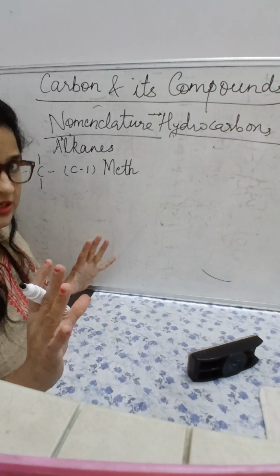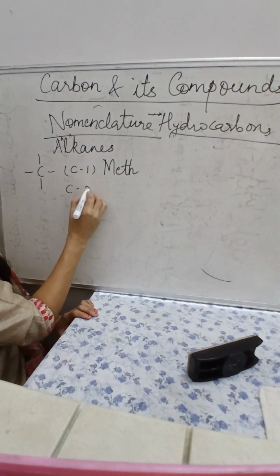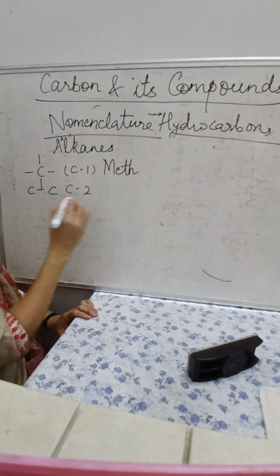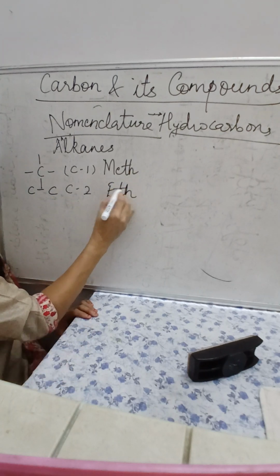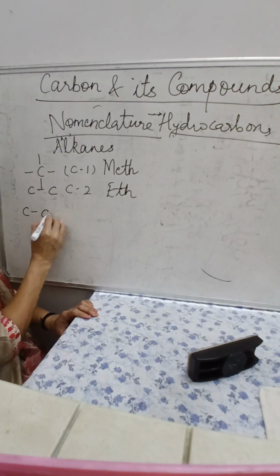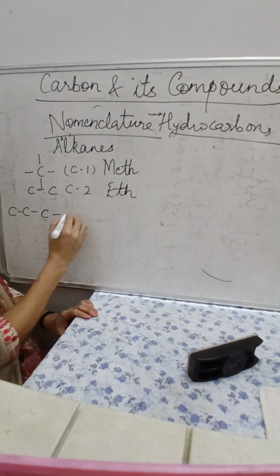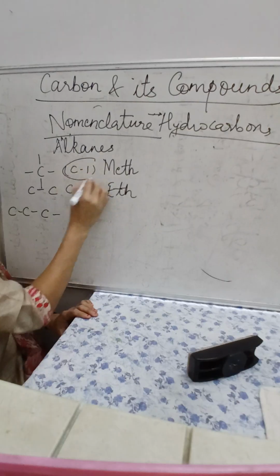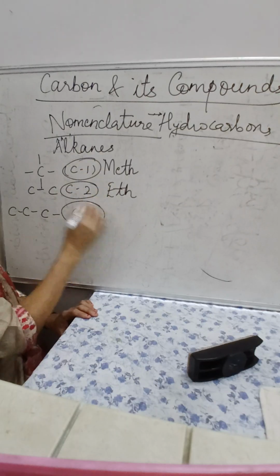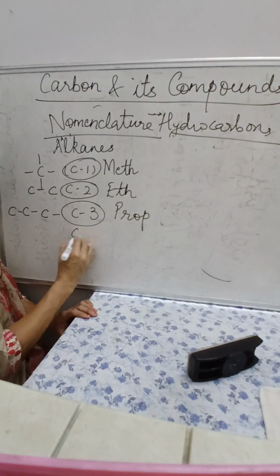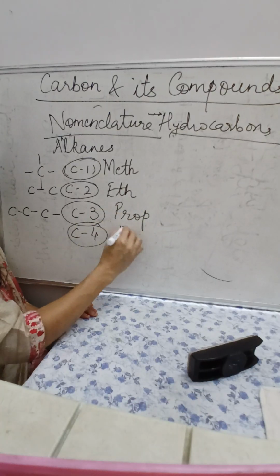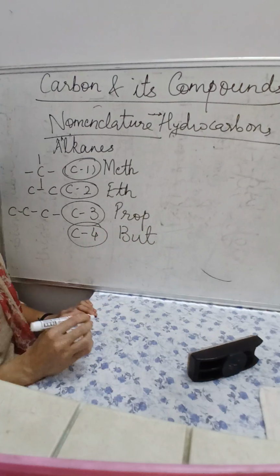Okay, you have to learn this. Now when we have 2 carbon atoms, we name it as eth. When we have 3 carbon atoms in a chain, C1, carbon 2, carbon 3, we name it as prop.